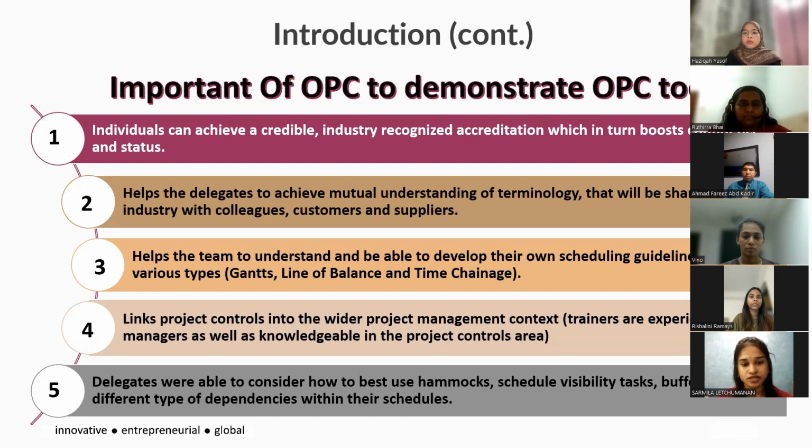Fourth is linking project controls into the wider project management context. For example, trainers are experienced project managers as well as knowledgeable in the project control area. The last is that delegates are able to consider how to best use time, cost, schedule visibility, task buffer, and different types of dependency within their schedules.